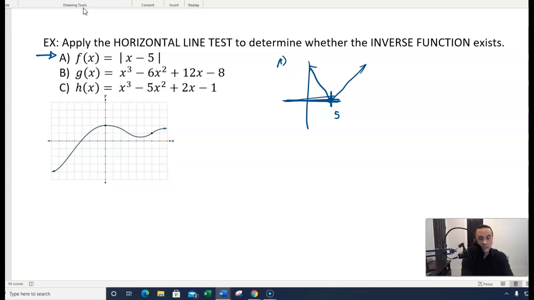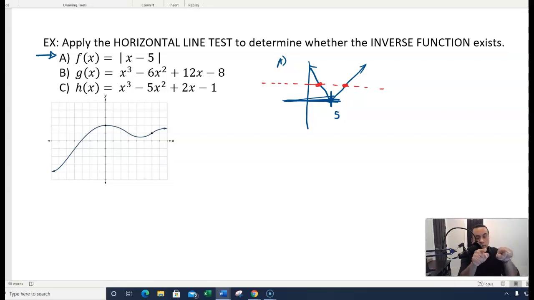Well, this will not exist because, see, if right now you drew a horizontal line and you pass through 2 points of the graph, that is a function right now. But remember, if I try to find the inverse, everything gets reversed.